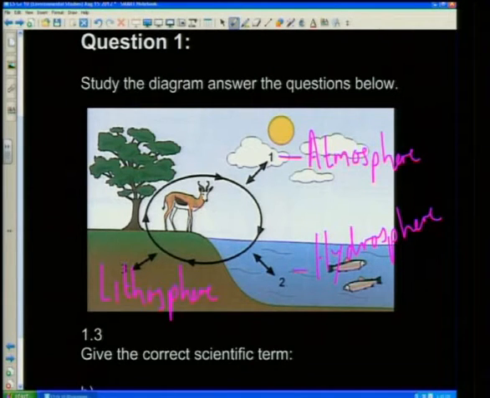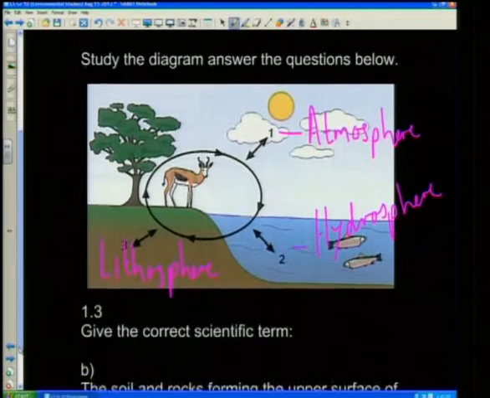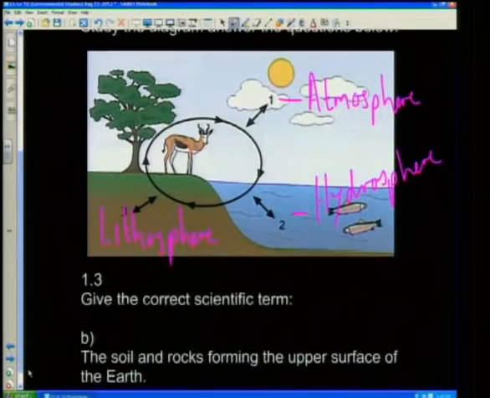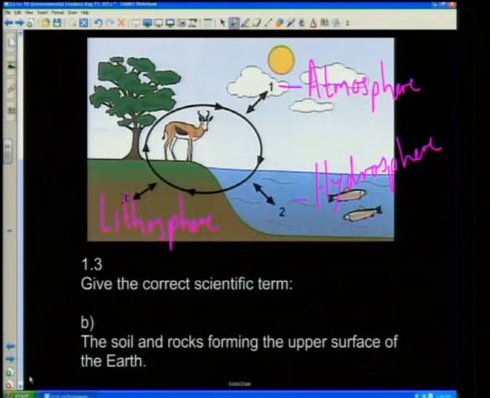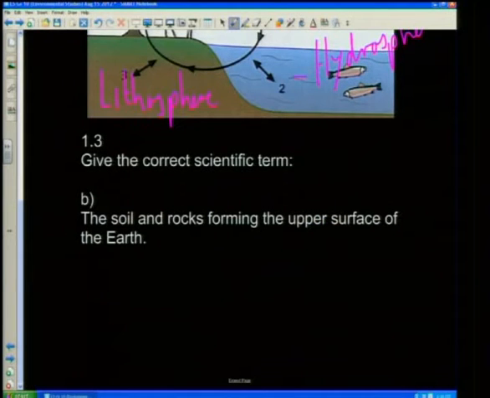Okay, so let's look at the first question. Give the correct scientific term for the following: the soil and rocks forming the upper surface of the earth. We've done that already. And the answer to that question would be the lithosphere.